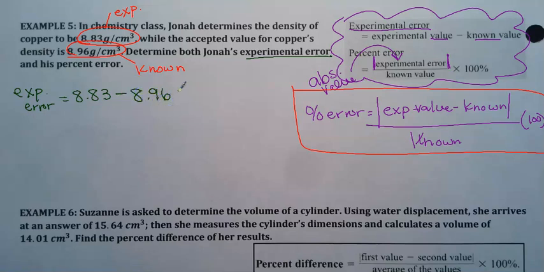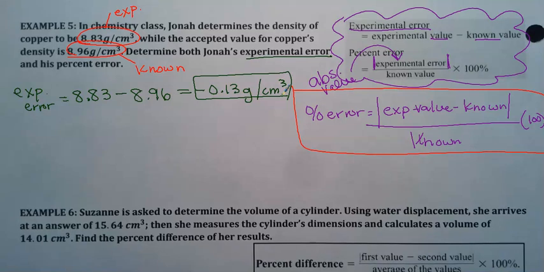Okay, and what does that equal? 8.83 minus 8.96. All right, so negative 0.13, and it's grams per cubic centimeter. Okay, that's his experimental error. That just tells us he was off by 0.13 grams.